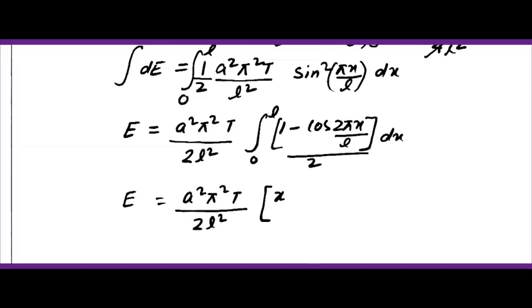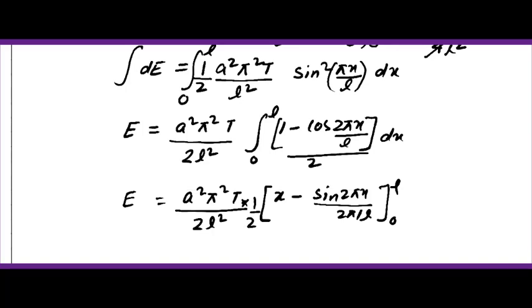It will be E is equal to a square pi square T by 2L square, and the integration of this will be x, and for cos 2 pi x, that is sine 2 pi x divided by 2 pi by L, and the integration is 0 to L, and this 1 by 2 can be written here.